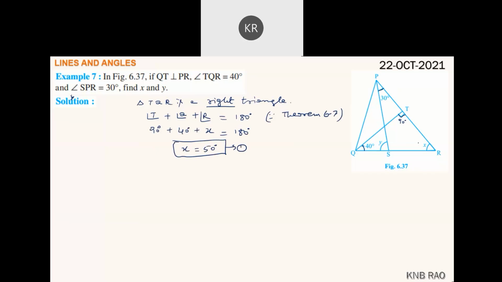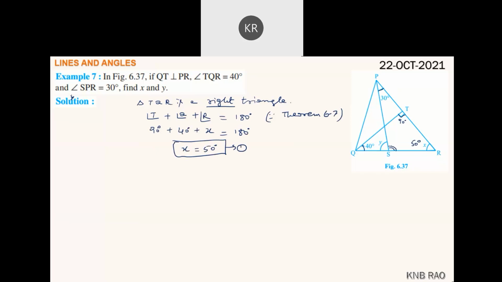The moment this becomes 50 degrees, can you find out this angle? We have to find y.